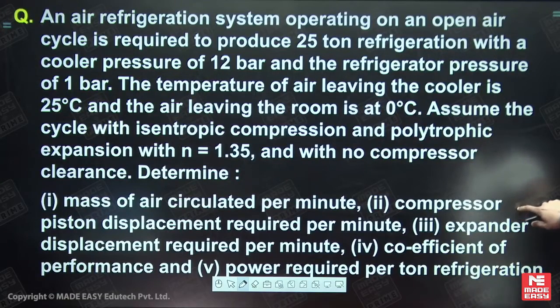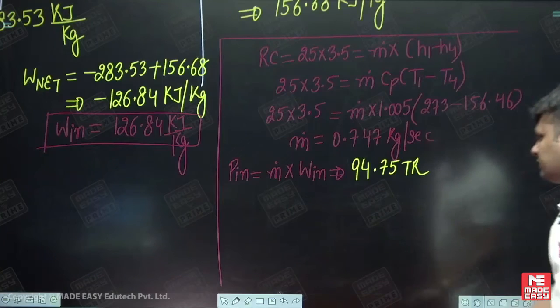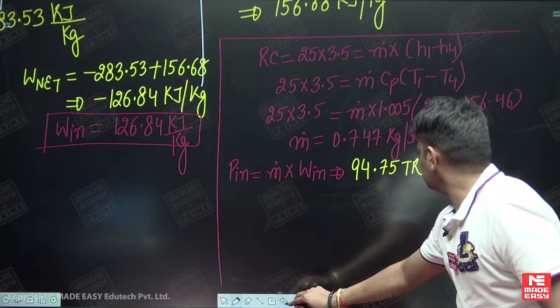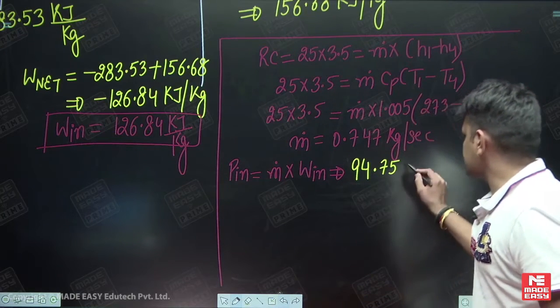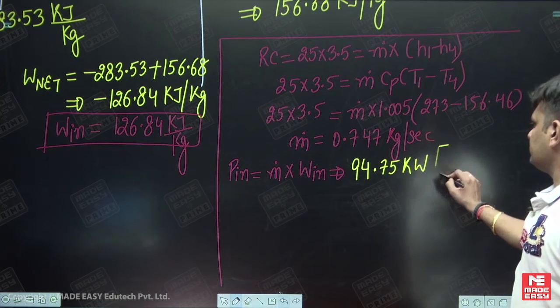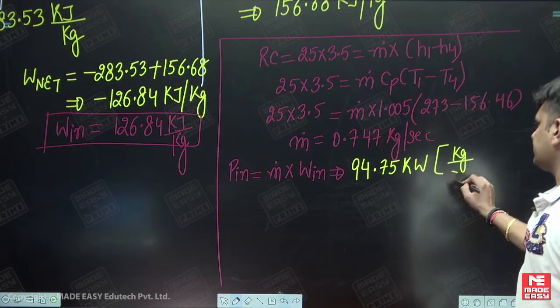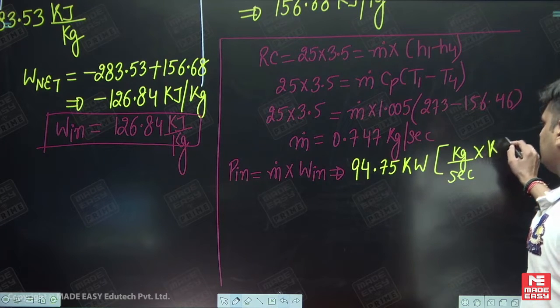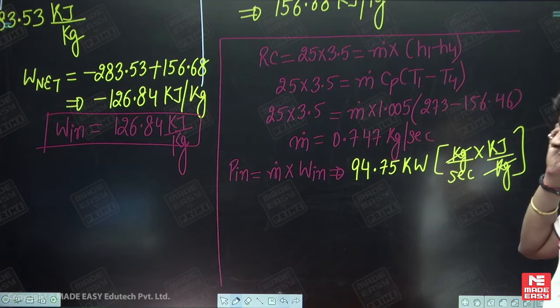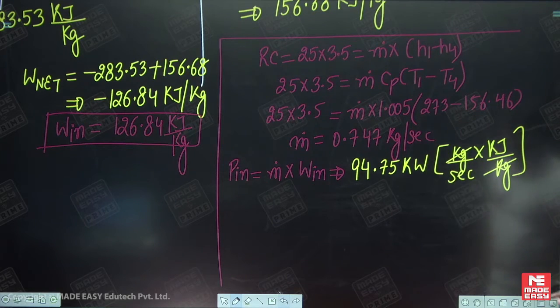Okay, sorry, what did I write? This is in kilowatt, because we will check the units. Mass flow rate is kg per second and work input is in kilojoule per kg. So kg cancels out, you will get the power input as 94.75 kilowatt.